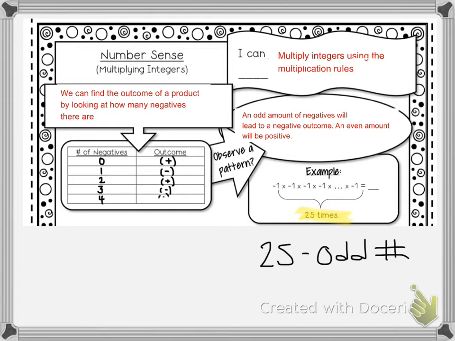So based upon that, and looking at our rule up here, will negative 1 times negative 1, 25 times, be positive 1 or negative 1? Our answer is going to be negative 1, because whenever we have an odd amount of negatives, we will get a negative outcome.